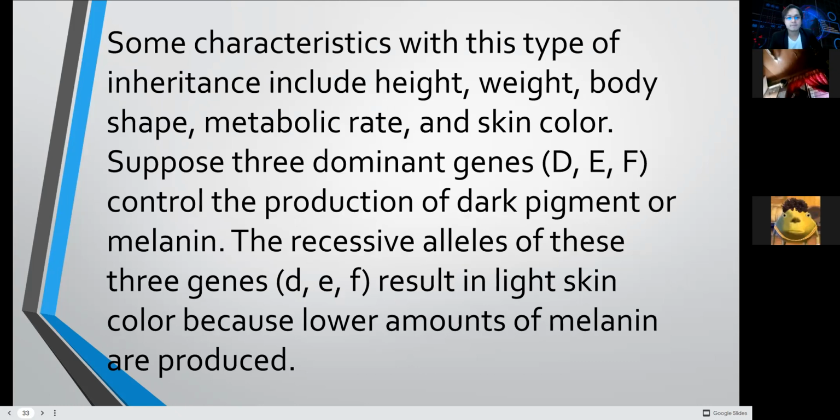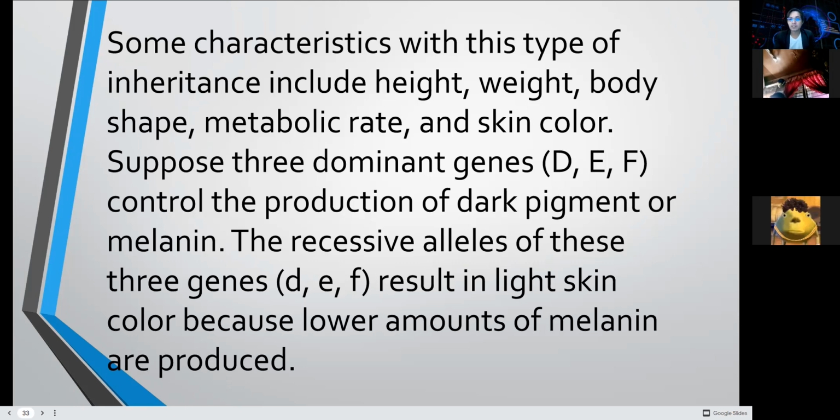Skin color: suppose three dominant genes like DEF control the production of dark pigment or melanin. The recessive alleles for these three genes, small letters def, result in light skin color because lower amounts of melanin are produced.